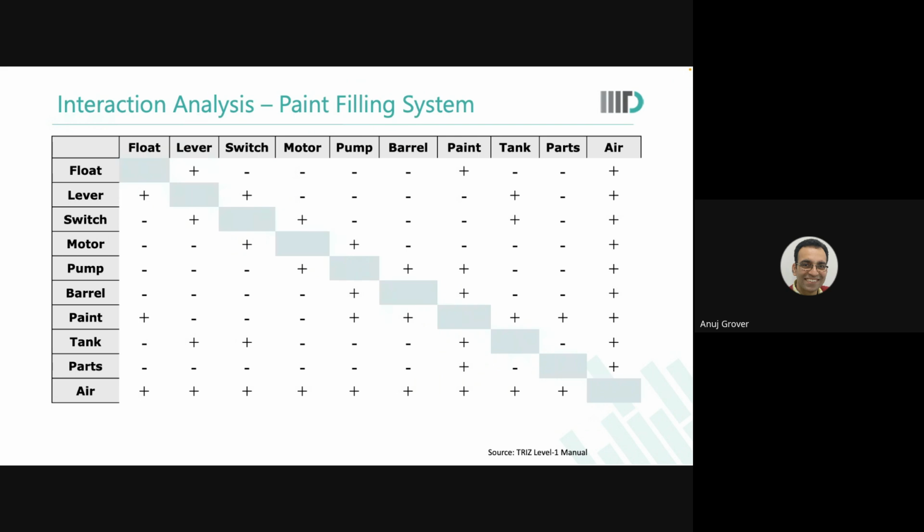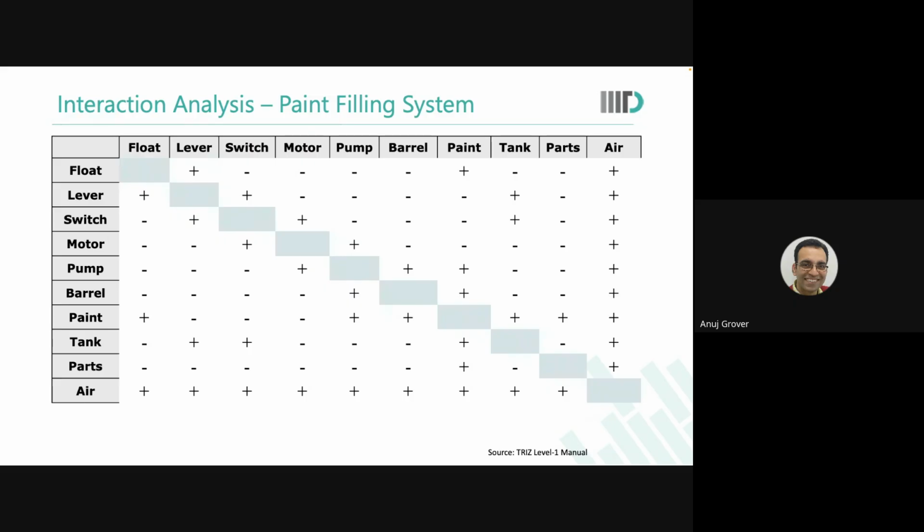Tank, yes, but remaining motor, pump, blah, blah, blah, no touch. Tank पे तो plus लगाया. Then switch, it touches the lever, it touches the motor, and yes, it touches the tank. Float touches the lever, the paint, and the air.